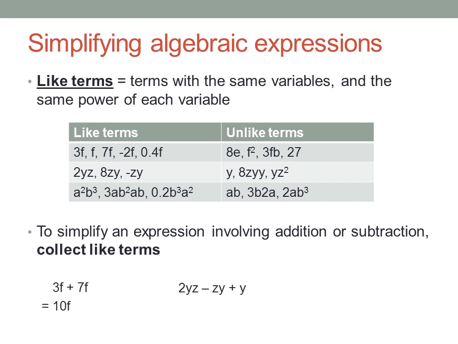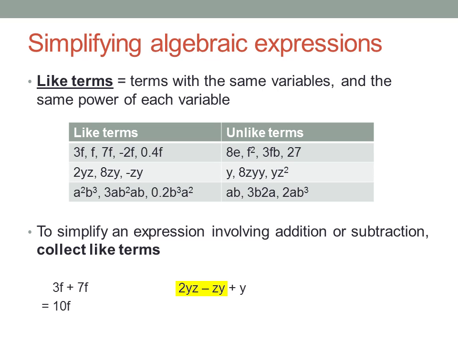Another example. 2yz minus zy plus y. Collect like terms. Can you see any like terms? yz and zy are like terms because although the order of the variables is different, they have the same number of each variable.